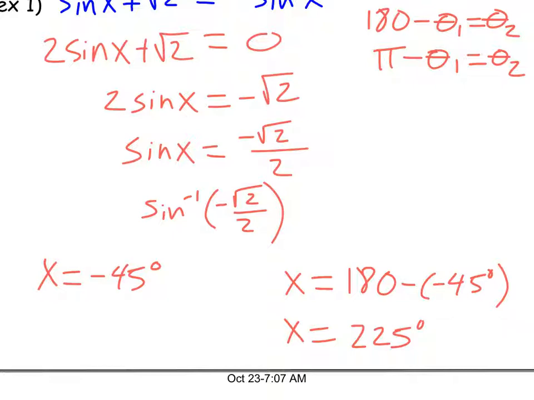Now I'm not going to leave my answer as negative 45 degrees, so I can always add 360 because that's the period for this trig function. If I do that, I would get 315, and there's my two answers.